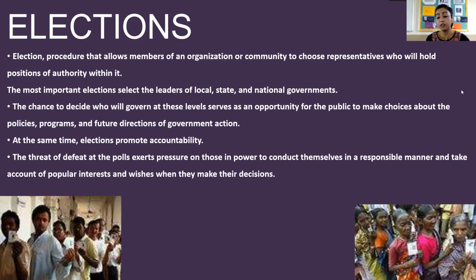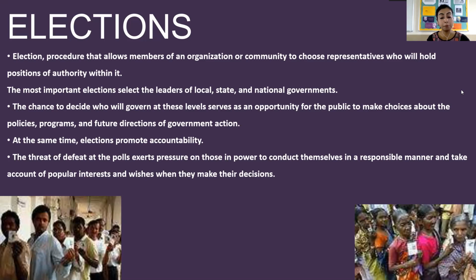If that political leader did not fulfill all the promises made to the common people, there is a chance that he or she will not be voted in again in the next election. That is the beauty of election: there is always a threat on the leader that if he or she does not perform well, the common people will not vote him or her to power again.